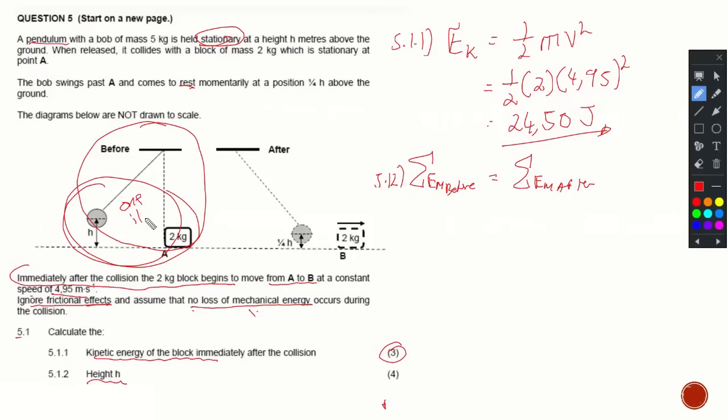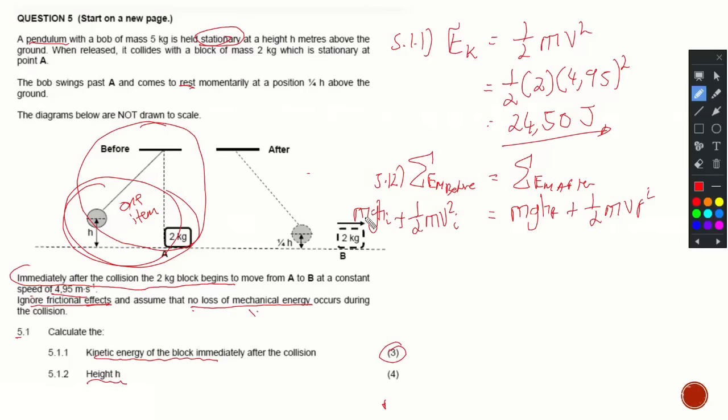So how do we calculate the mechanical energy before? Obviously, we first break down the formula to mgh initially plus half mv squared initially is equal to mgh finally plus half mv squared finally.